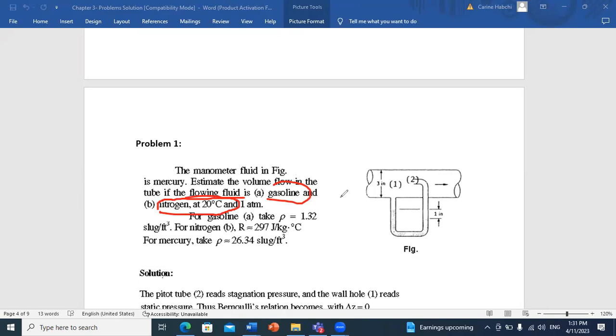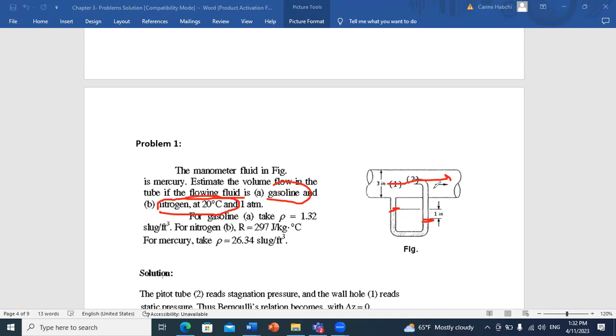Now, if we look at the following system, okay, we have a flow, and as the flow is moving, we have a difference in reading between this level and this one, okay? And we want to compute what is the flow rate of the flow.